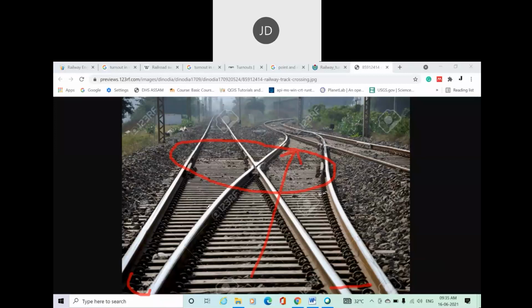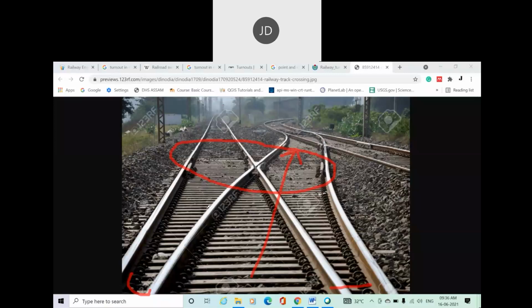It is a basic, simple definition of turnout. So turnout is a term given for a component or facility provided in a railway track by means of which a particular train may be transferred from one track to another track. This is a general definition of turnout.